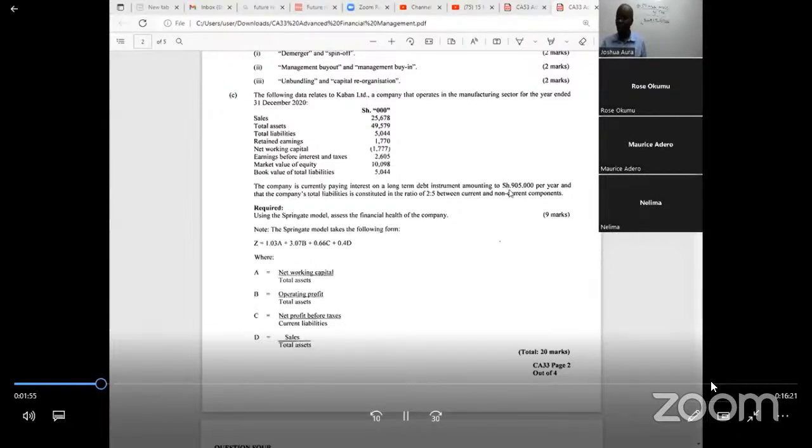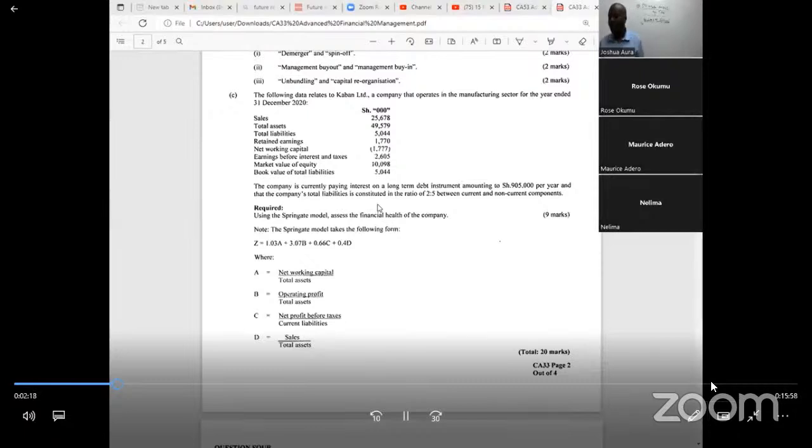So interest on the loan is 905,000. The company's total liabilities are in the ratio of 2:5 between current and non-current components. Using the Springate model, assess the financial health of the company.